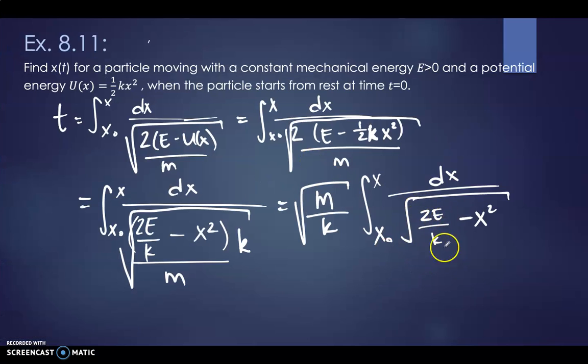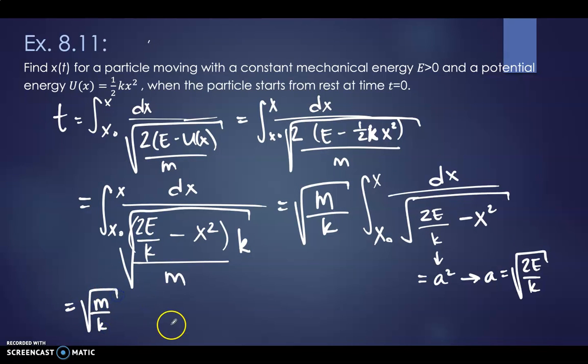Okay, so this is the integral that we'd use, and a there would be our term here. So if we say that this is equal to a squared, that means that a equals square root of 2e over k. Okay, so we'll use that form, and so I can go ahead and write my constant out here.